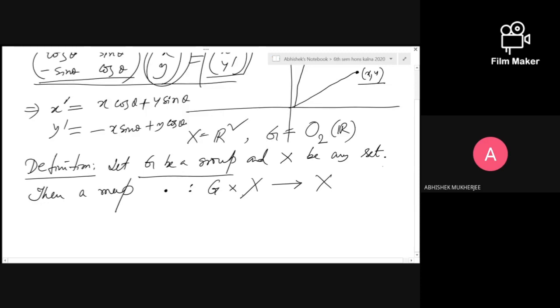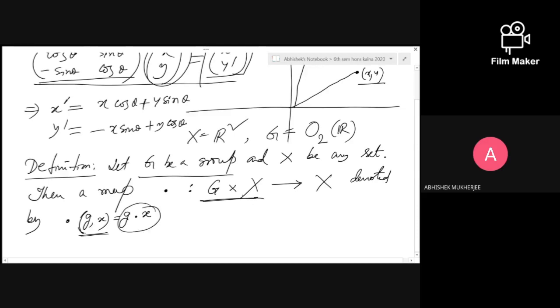denoted by, how do I represent this? Just taking one element from the group G, another element from the set X, and putting a dot in between, then G dot X will be the image of this one, denoted by dot of G comma X. So dot of G comma X is a point in this G cross X. Then this map will take this point to this one.